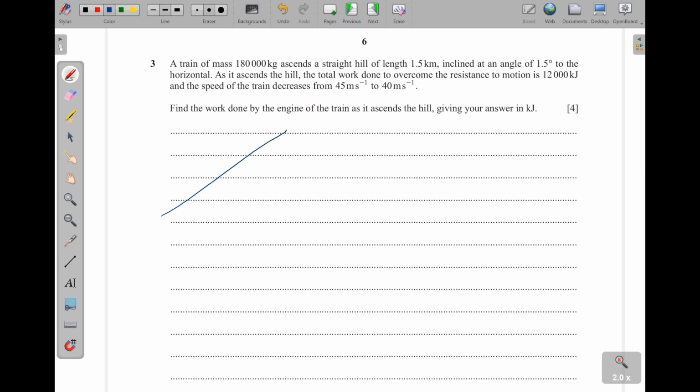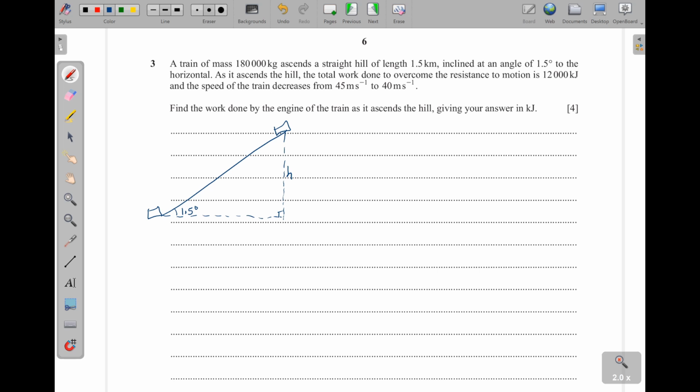So something small here to draw. Maybe this is the train. It is down here. Then there is this angle 1.5 degrees. Now I'm going to use the energy method here. So because that is 90, then here I have the height.